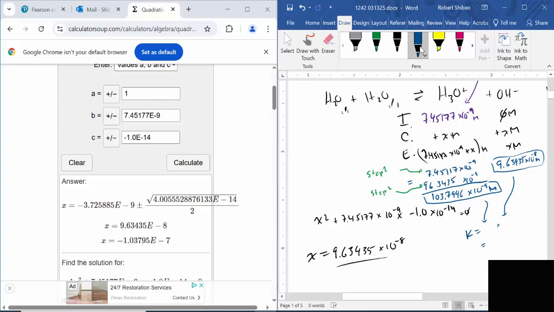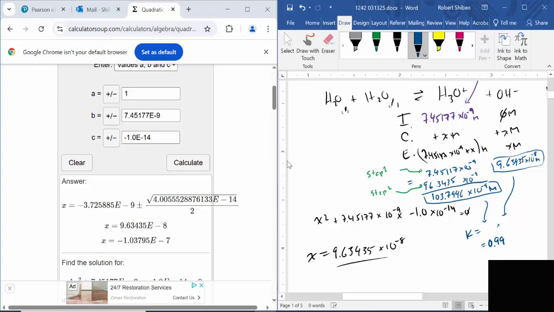Times 9.63435 times 10 to the minus 8. All right, and I end up with this. I'm going to move the decimal over.